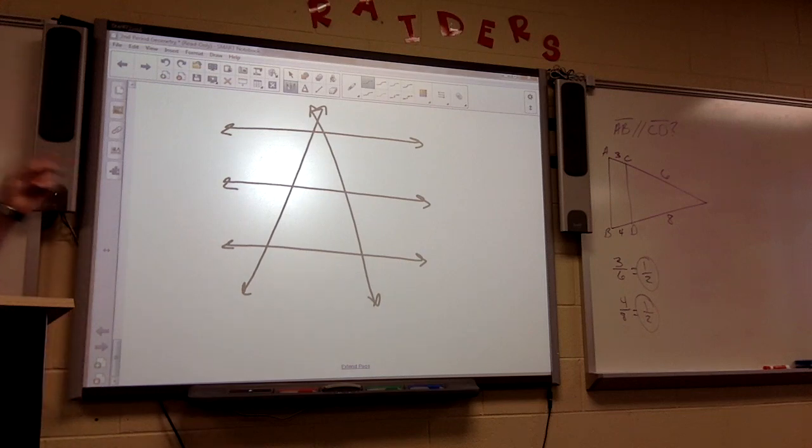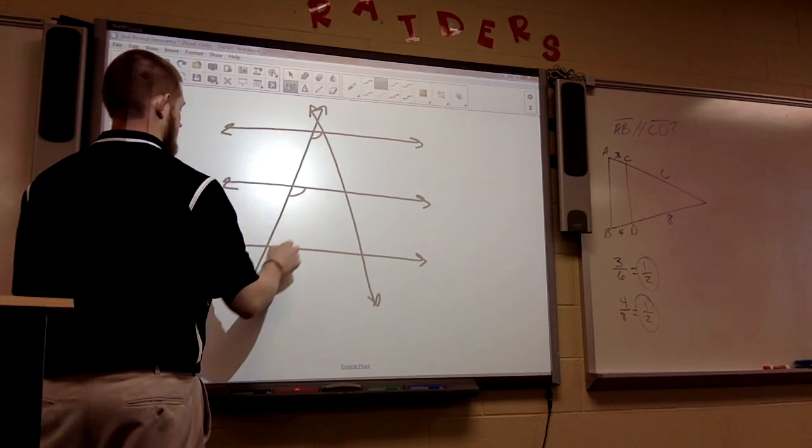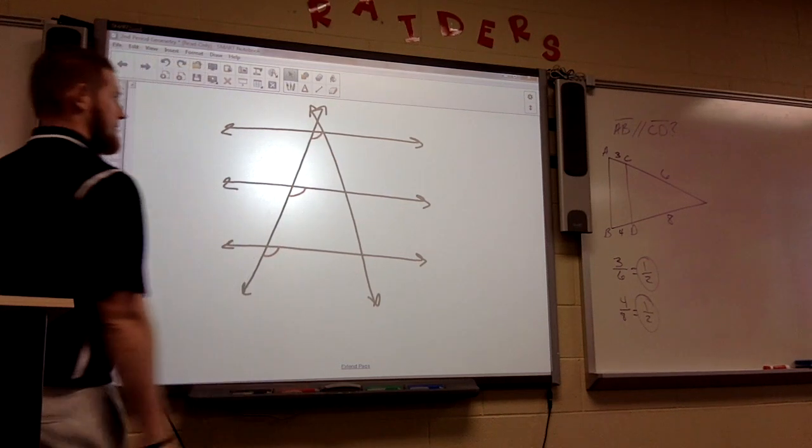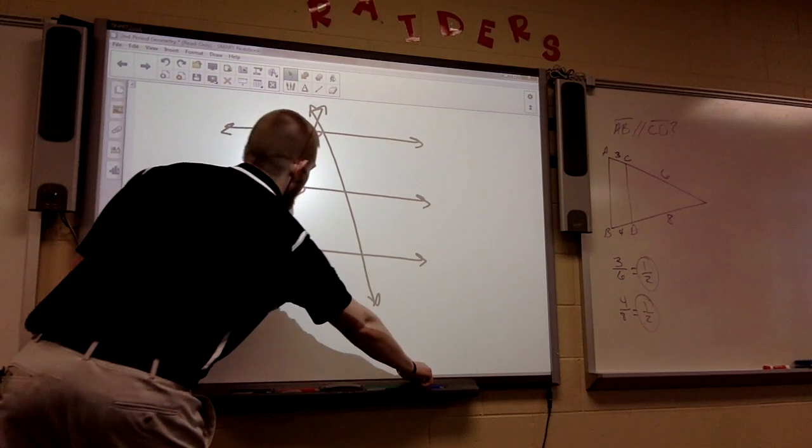What theorem am I going to use? Three lines intersect two transversals. Okay, and I have 9, 15, and 11.